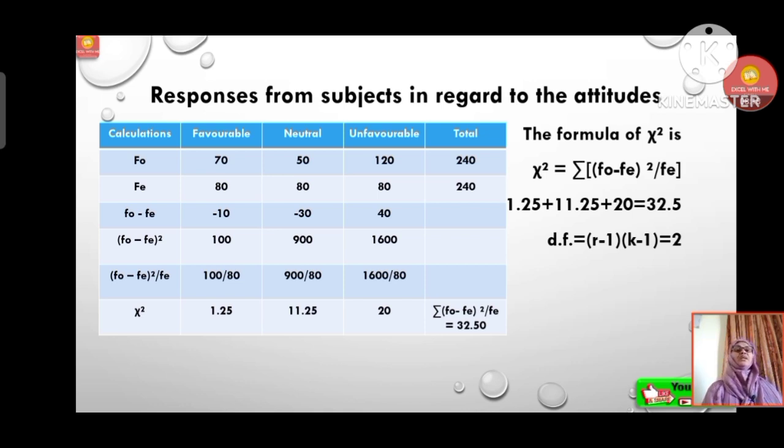Now FO, FE given here: favorable, FO observed is 70 and the expected is 80; neutral 50, expected 80; unfavorable 120 and expected is 80, that is 240 students observed and expected. Now all the calculations are done here. Using the formula, chi-square is 32.5 and degree of freedom is equal to 2.